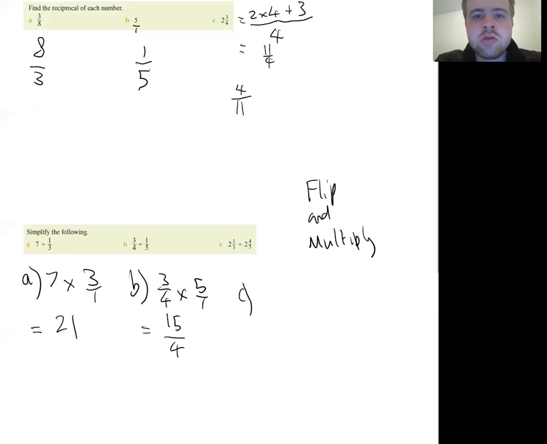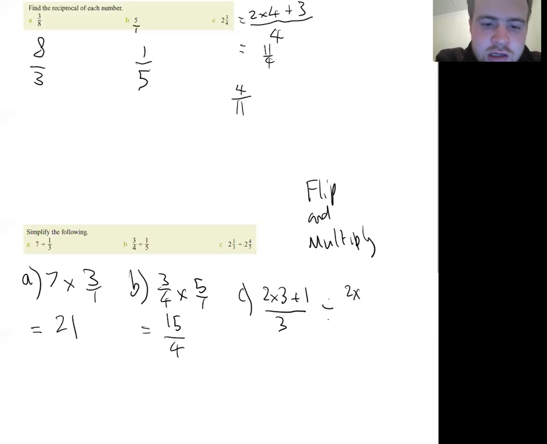We've got some mixed numerals and we need to convert them into improper fractions first. Okay, always better to work with improper fractions. So we have 2 and 1/3. So we've got 3 times 2, plus 1, over 3. That's our first fraction. And then we're dividing by, so we've got how many fifths in 2?